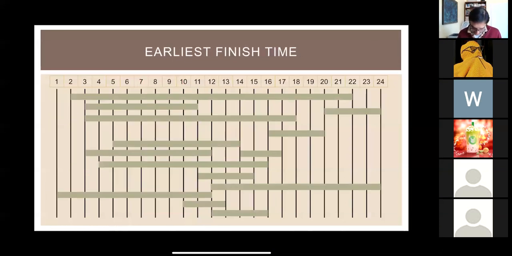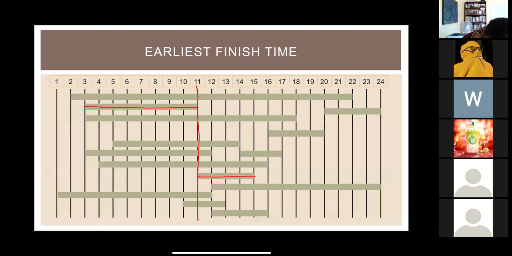Let's go back to our original example. Which interval would earliest finish time choose first? 3 to 11, yeah, so it would start by picking this. Then it would look to the right of this line. Which one would it pick next? 11 to 15, great, because that has the earliest finish time out of those remaining.